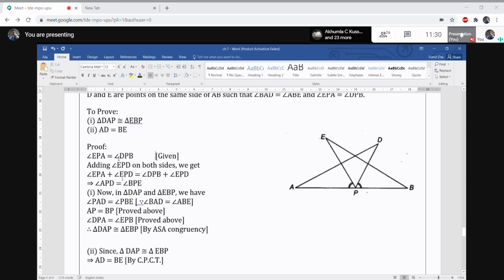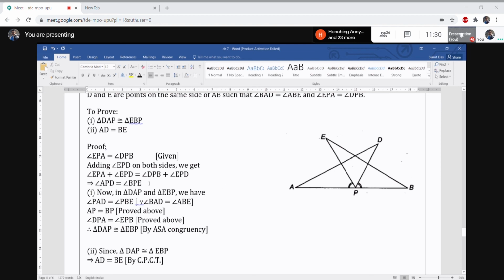So EPA plus EPD gives the full angle APD, and on the right-hand side this angle plus this angle gives EPB, or BPE, this full angle.